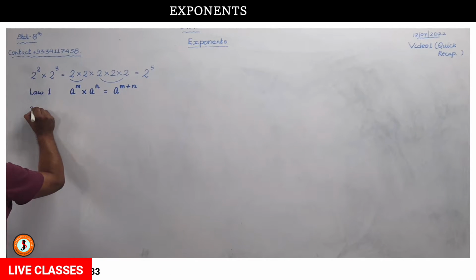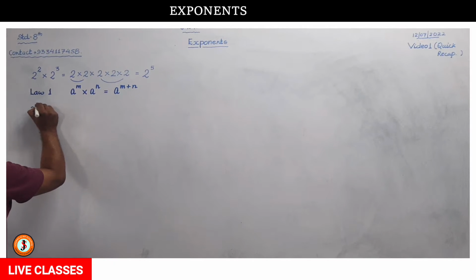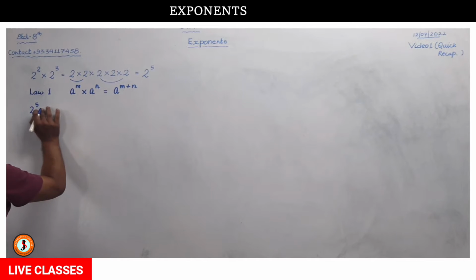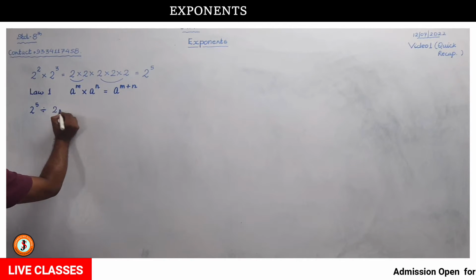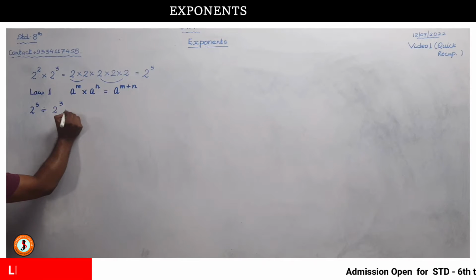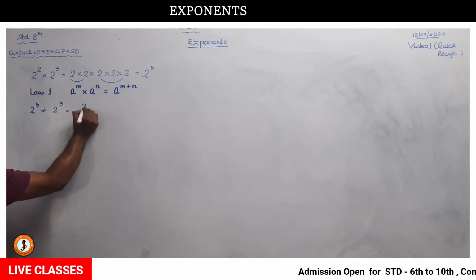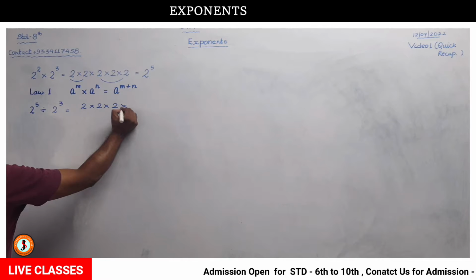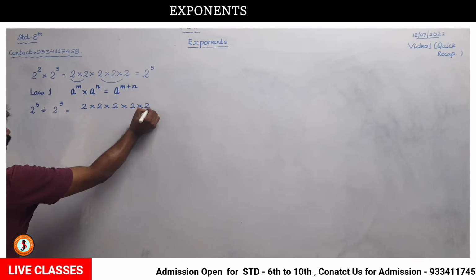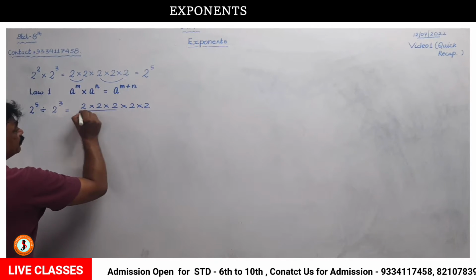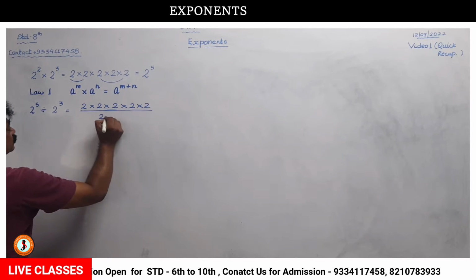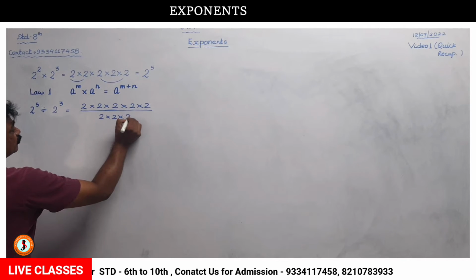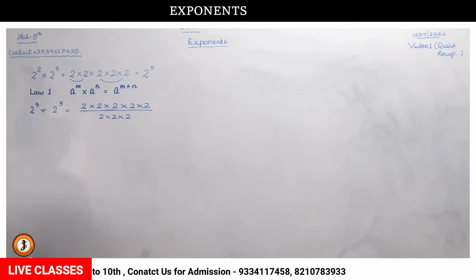Then the next one is 2 to the power 5 divided by 2 to the power 3. So what does this become? 2 to the power 5 is 5 times I have to write 2, and then I have to write 3 times 2 in the denominator.